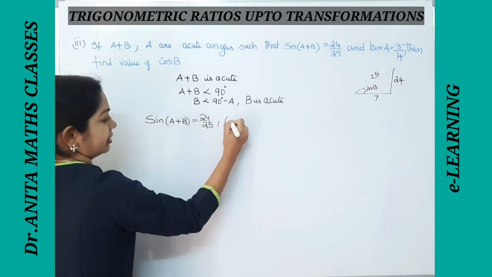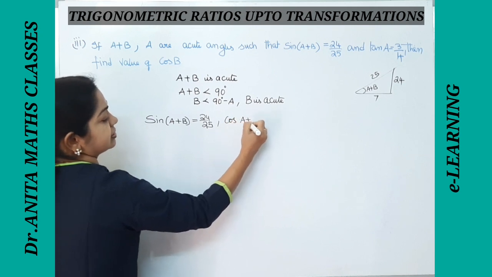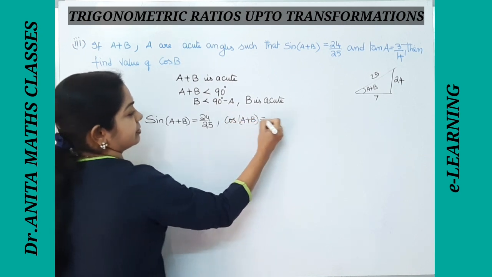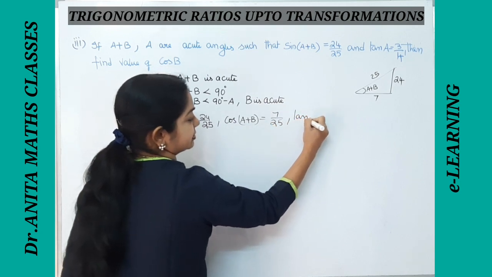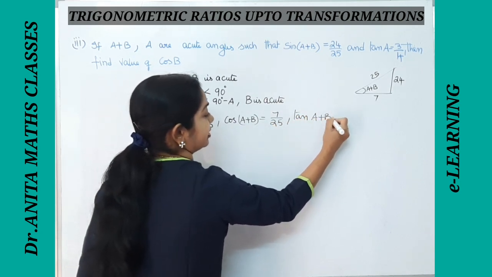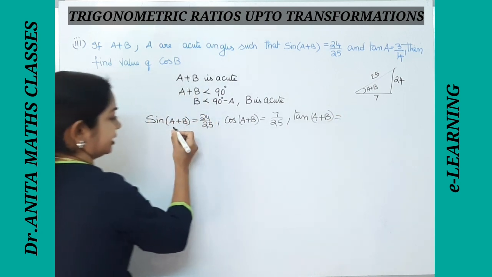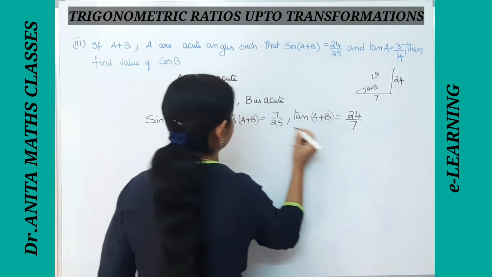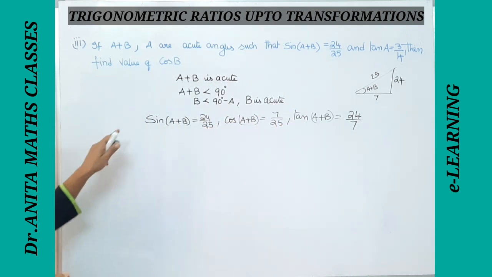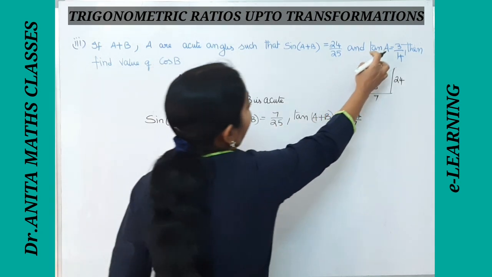From that I can find cos(A plus B), which is 7 by 25. And tan(A plus B) is nothing but sin by cos, 24 by 7. The 25 goes off.